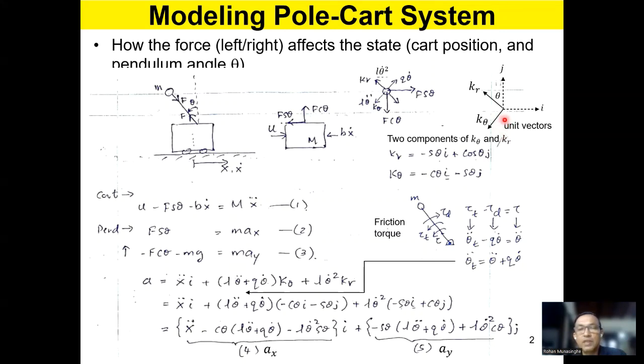This angle is 90 minus theta, so it is cos of 90 minus theta, that is sine theta, and it is negative in j. So now we don't need kr and k theta when we refer to tangential acceleration or centrifugal acceleration. You can write down k theta and kr first and then immediately replace them with these equivalent ij expressions, right?